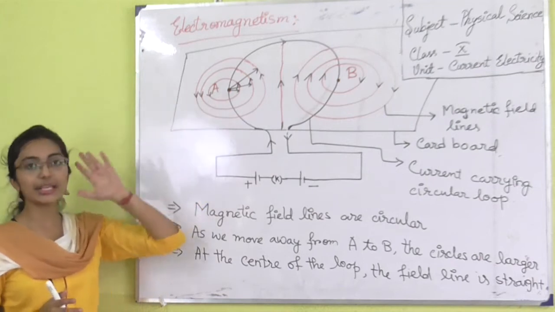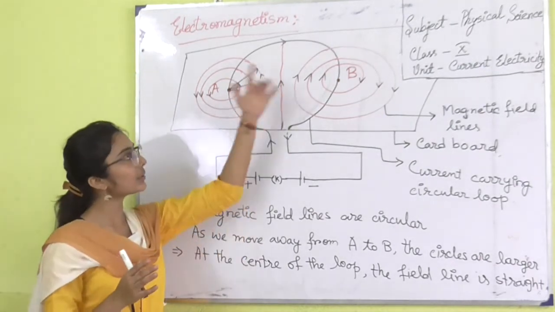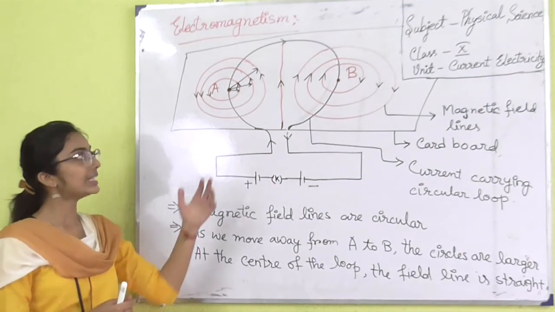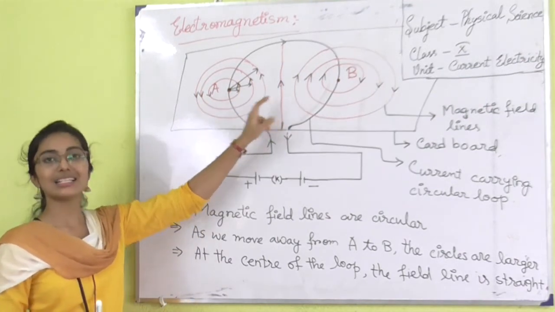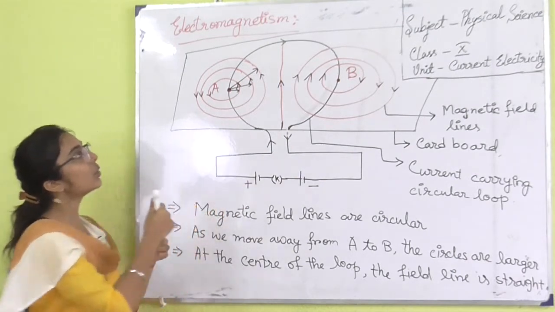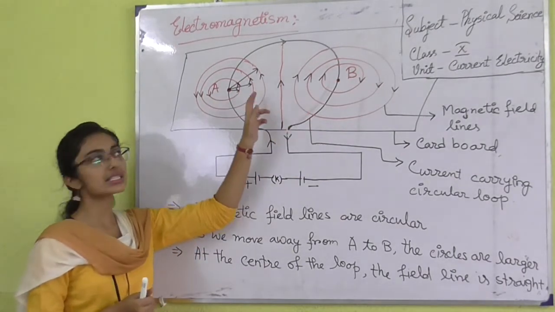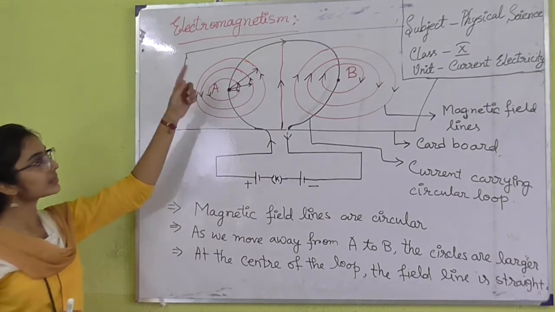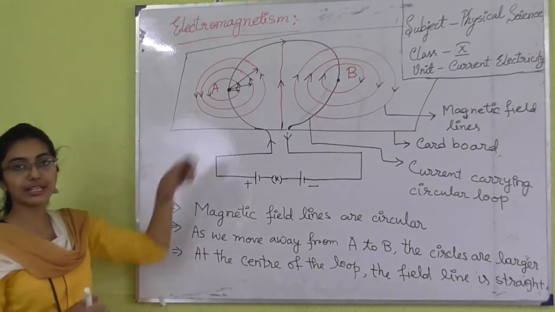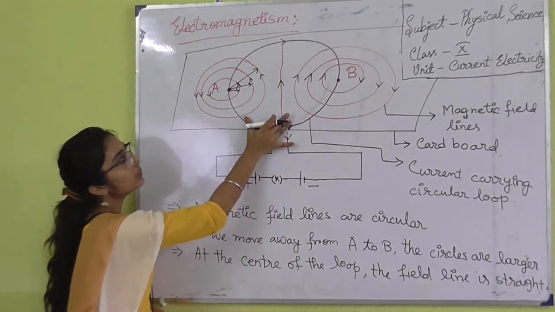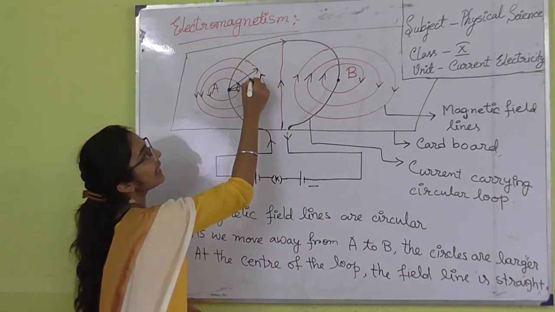That means in every current conducting wire that is bent in the form of a loop, at the center of that loop there is uniform magnetic intensity, and at the two sides where the holes were made, the current is passing. This is the direction of the magnetic field. You can notice that within the space of the loop, there is a particular direction of magnetic field.